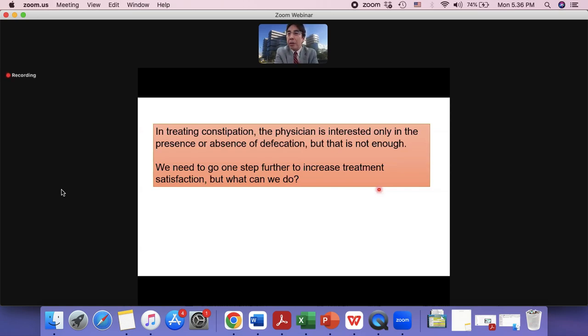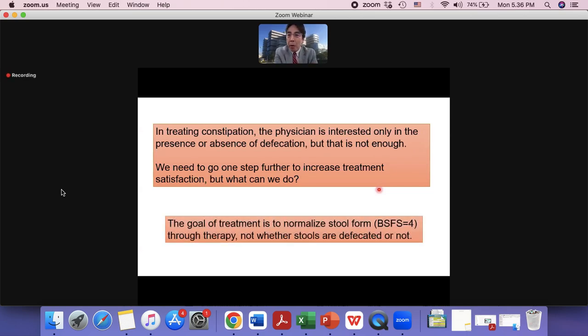What we can do in the clinical setting is to make the goal of treatment normalizing stool form, that is, Bristol stool form type 4. For example, increasing or decreasing the laxative dose to achieve type 4 is the best way, I think, not whether stool was defecated or not.